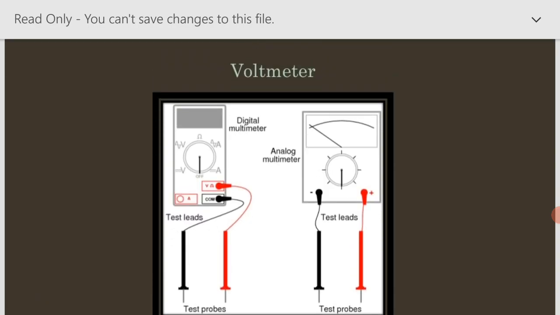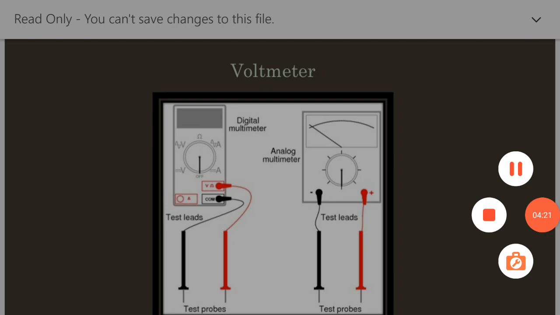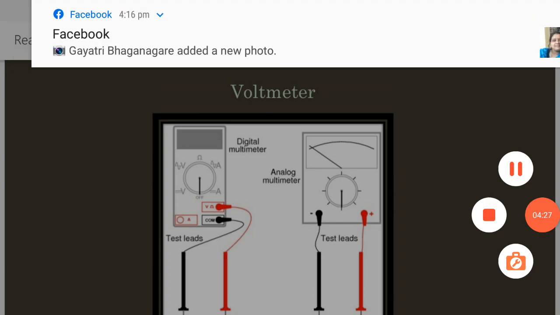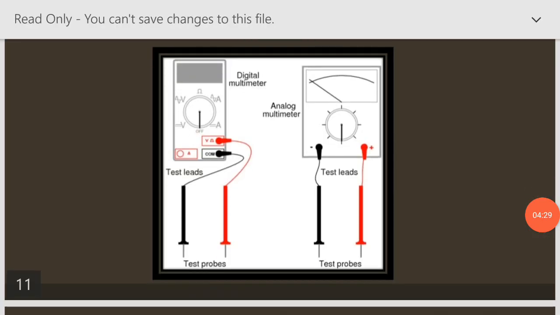The voltmeter is as shown in the figure. In the digital multimeter, the red wire is connected to the voltage terminal and the black wire is connected to the common. These are the test probes.